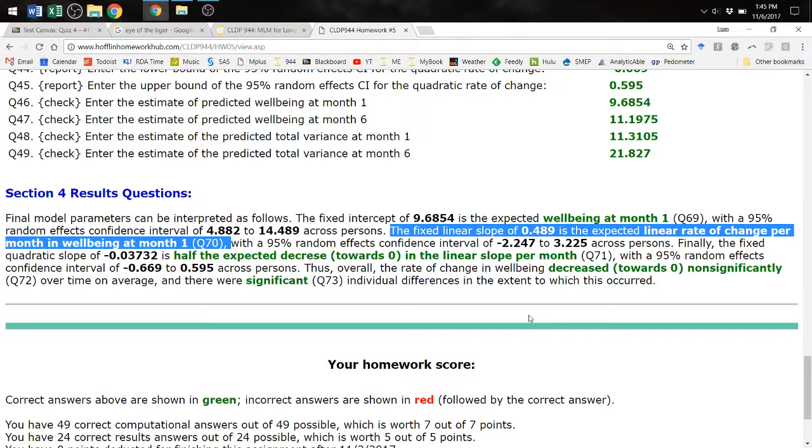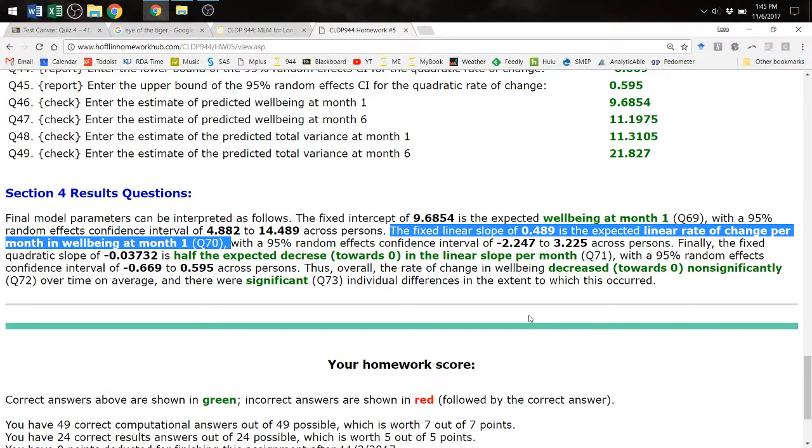So in the model that has the fixed quadratic, anytime you have, let me back up. Anytime you have a main effect in the presence of an interaction, the main effect is the conditional main effect when the interacting predictor is 0. In this instance, if you have time and time squared, the effect of time becomes the linear slope specifically when the interacting variable, which is time, is 0.